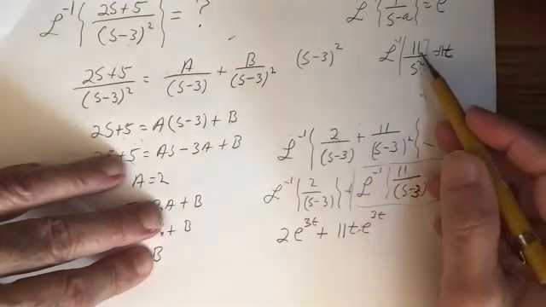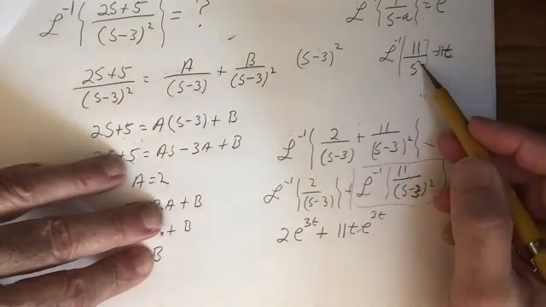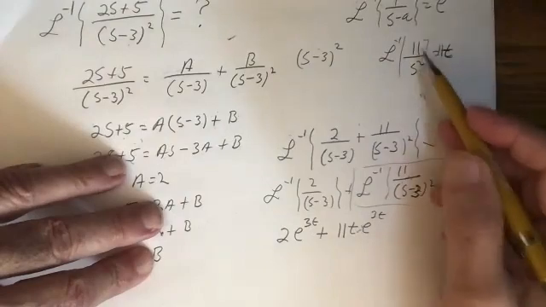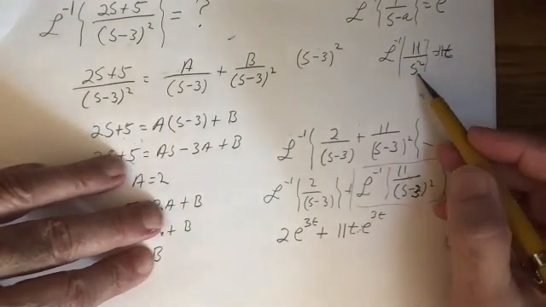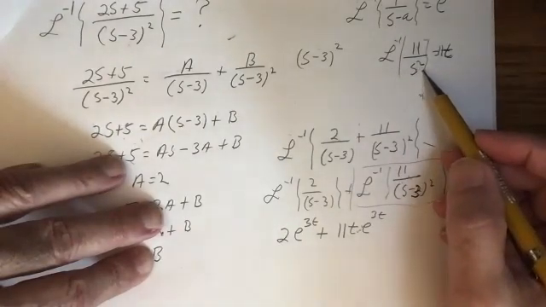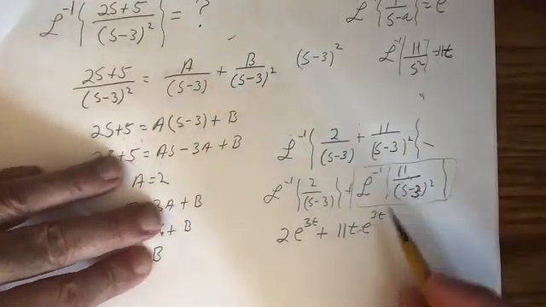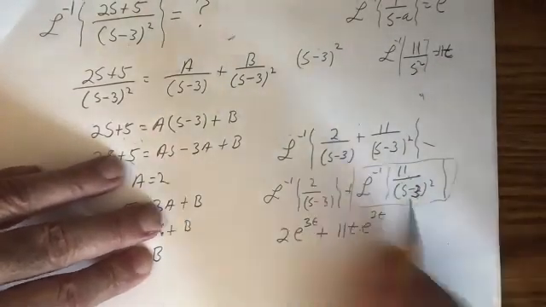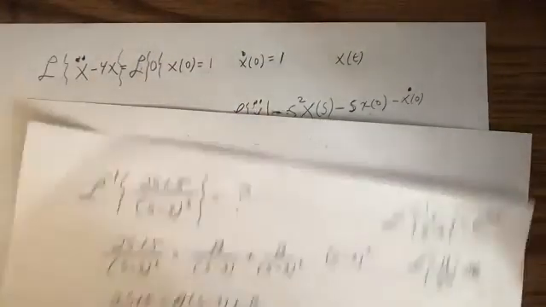This is the 11 over s squared, and that's just 11t. If I just had this, it's 11t. But I got the minus 3 in here squared. So because of that, this becomes e to the 3t, because we're using this inverse property.